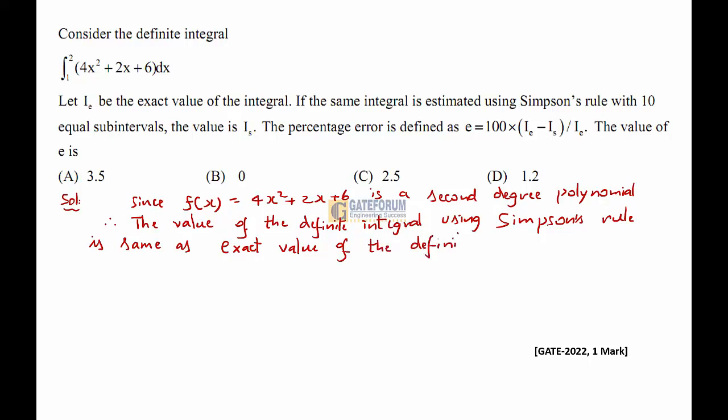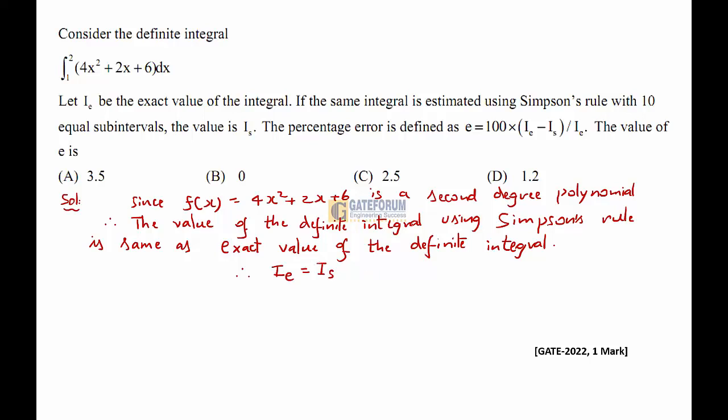Exact value of the definite integral. Okay, so that means the Simpson's rule value denoted by IS is the exact value of the integral denoted by IE. I is the given definite integral. This is IS. So when both are the same, the error is 0.